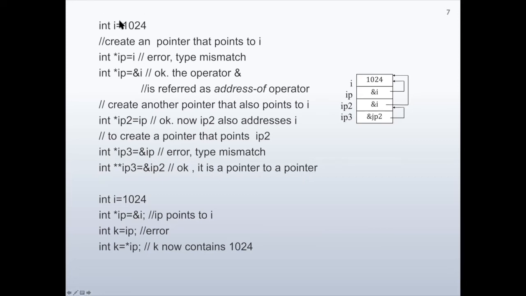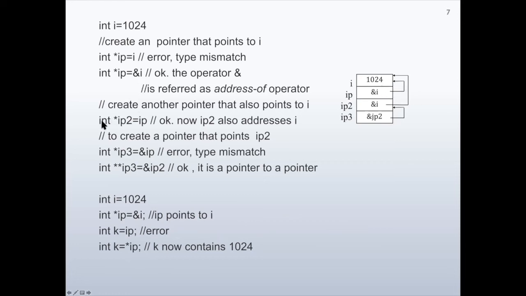Notice that here we are creating integer i initialized to 1024. Then ip is a pointer to an integer and it is initialized with the address of i. So ip is a pointer pointing to i.